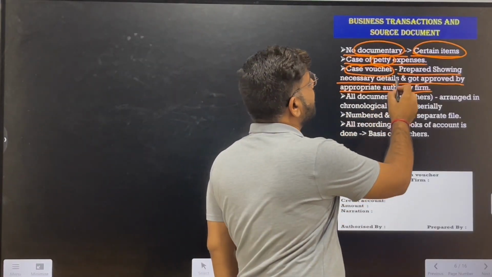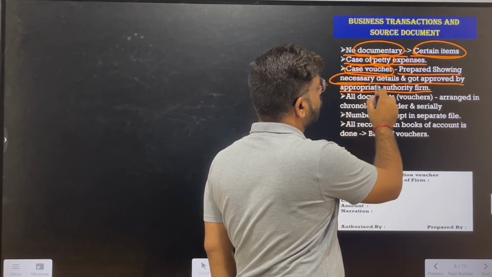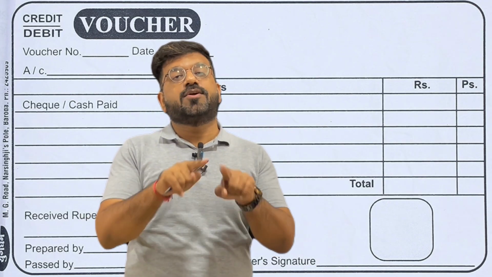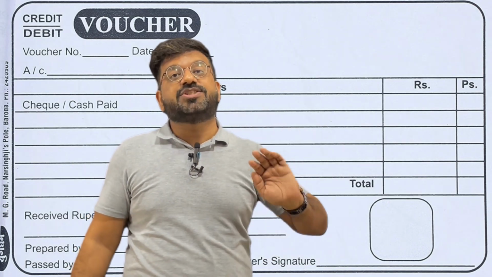Apart from that, it also shows the necessary details of the goods, the amount, the date. Each and everything is mentioned in that cash voucher. Vouchers are not vouchers like when you go shopping and you get a voucher, 20% off. This is not that kind of voucher. Vouchers are basically the documents which can be vouched, which can act as evidence in order to record the transaction in the journal entries.